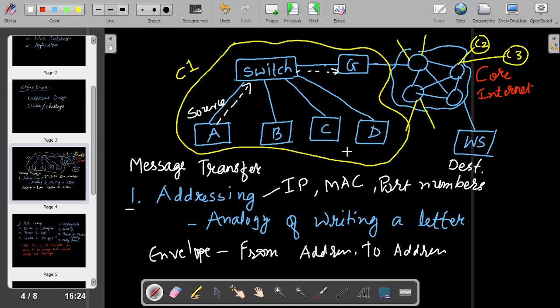some path should be available, right? Suppose there are 4 routers, 1, 2, 3 and 4. The packet first goes to R1. Now router 1 has to decide that the packet has to reach this destination. Where should it forward the packet? Right? And this work should be carried out by every router.